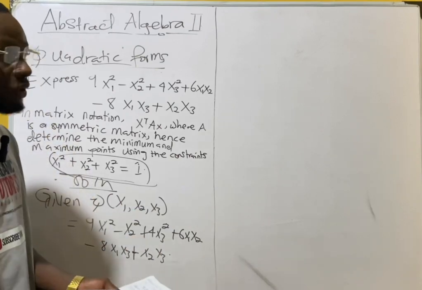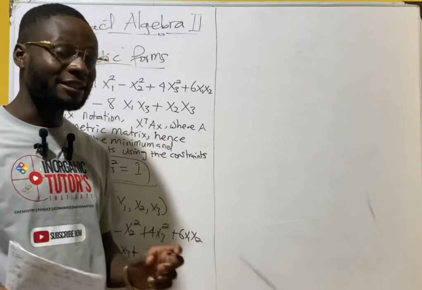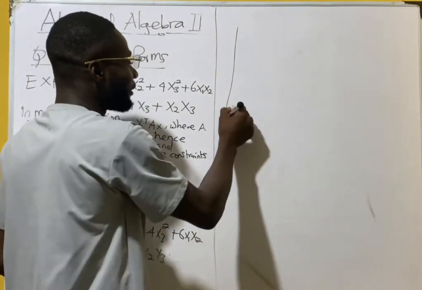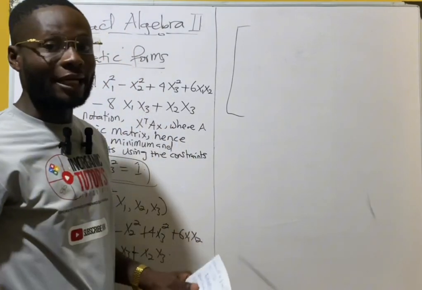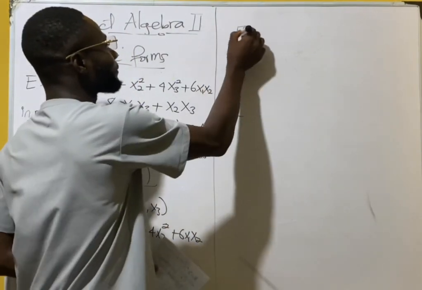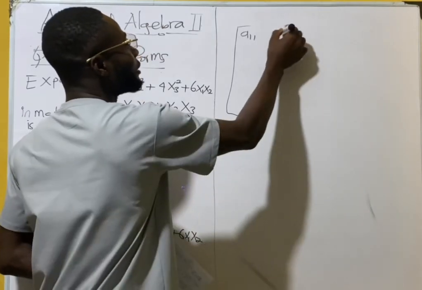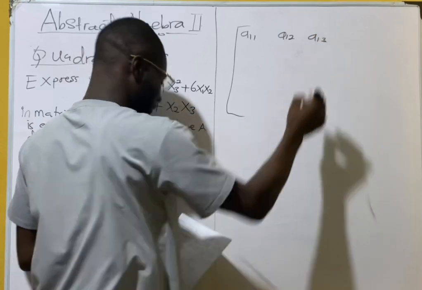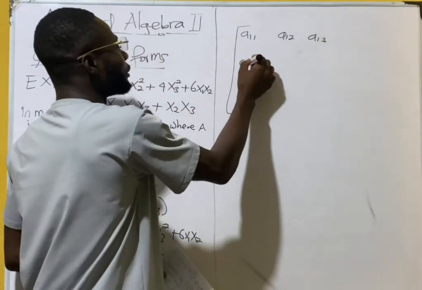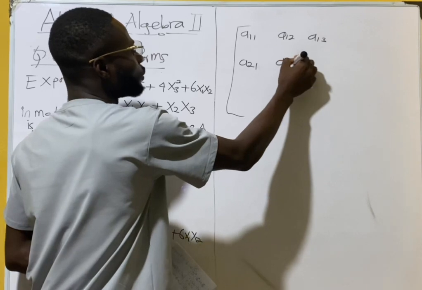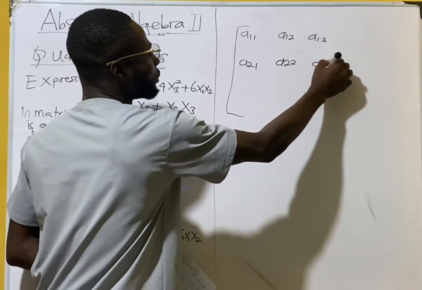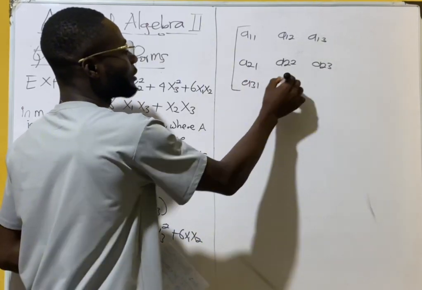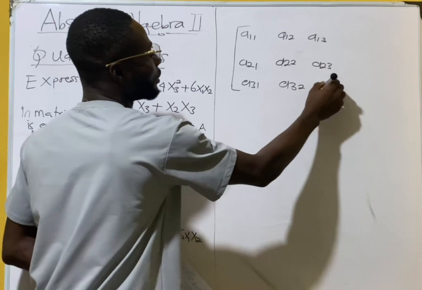Okay, so first of all, what I want you to know is the elements in the 3 by 3 matrix, right? We know that when you have a 3 by 3 matrix, then the elements in that matrix are A11, A12, A13, A21, A22, A23, and then we have A31, A32, A33.